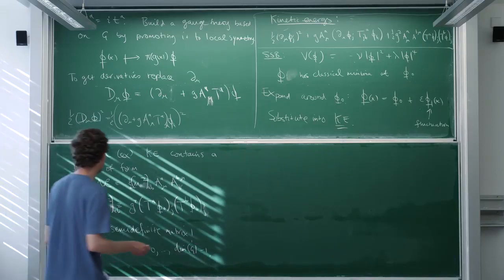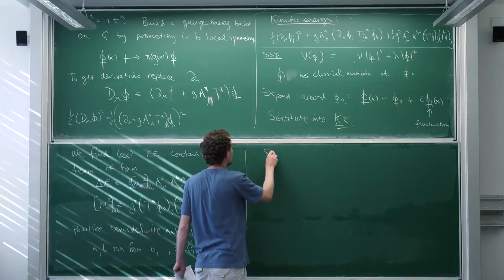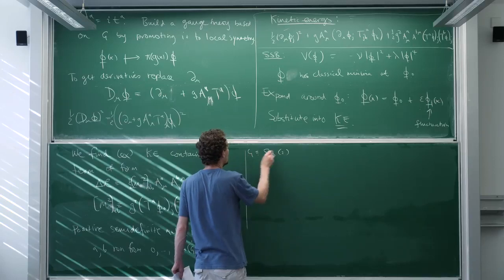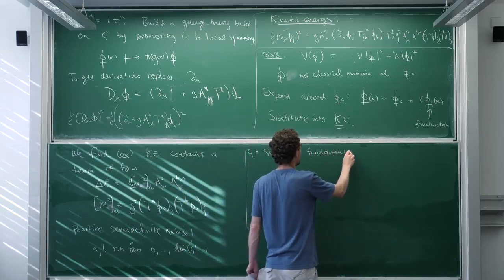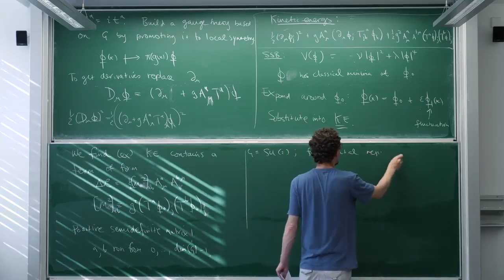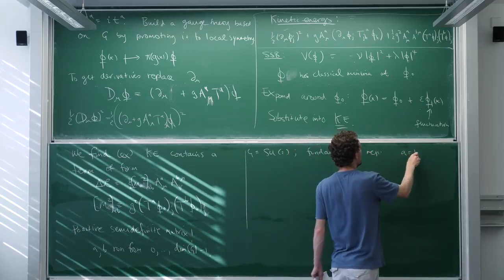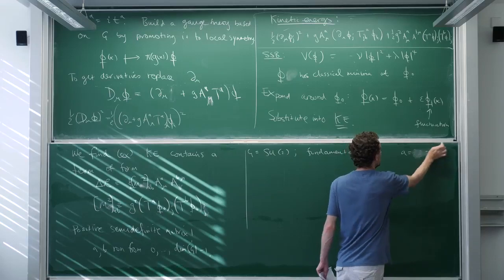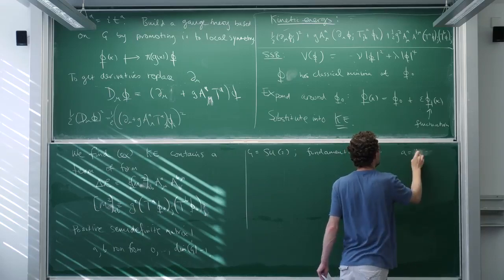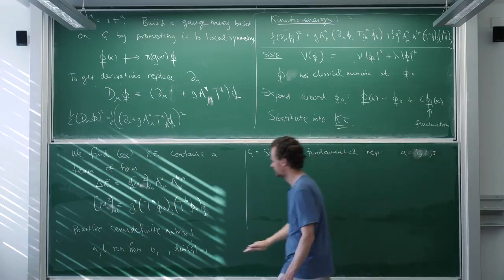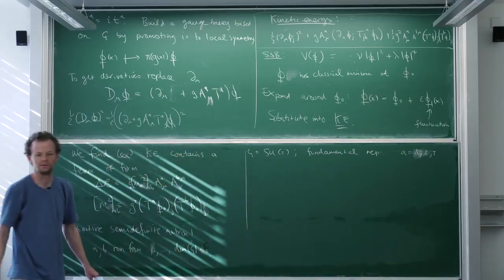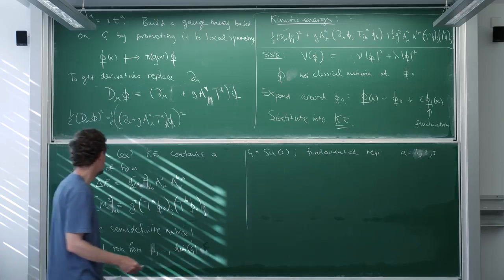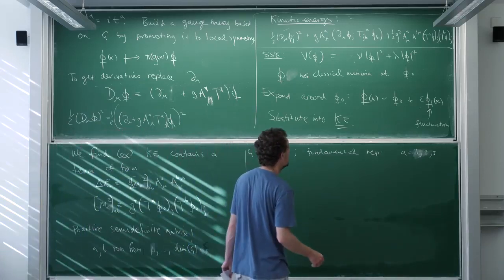So for the example of SU(2) in the fundamental representation, let's just let the A's and B's run from 1 to the dimension of G. That makes it less annoying.